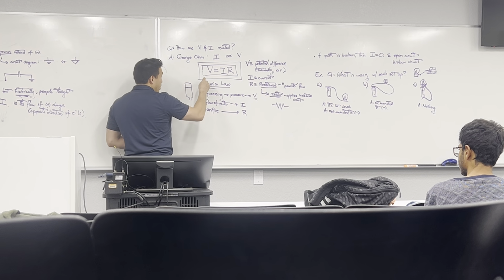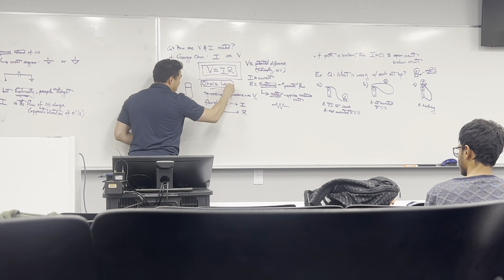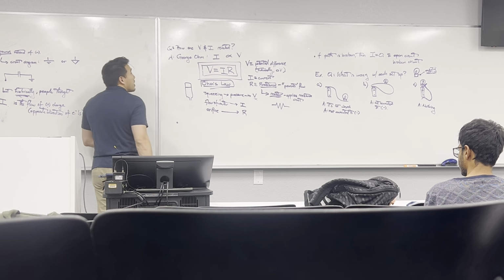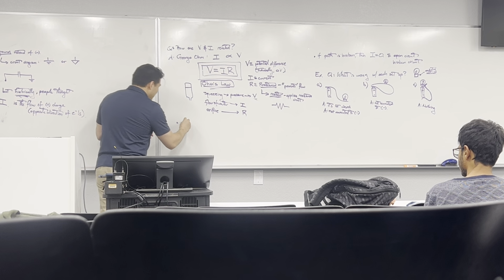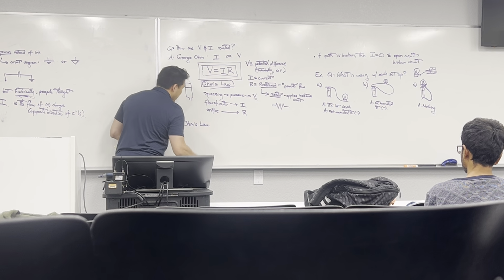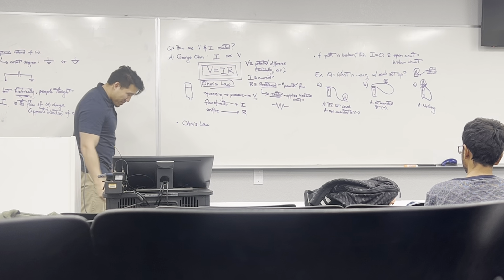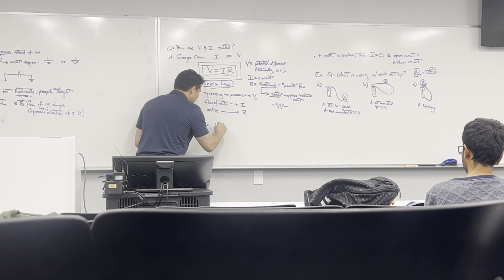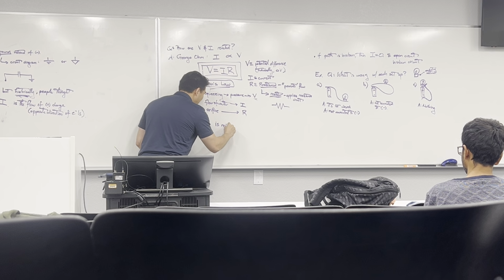Okay, so this is called Ohm's law. That's very important. Now, one thing about Ohm's law is that despite its name, it is not a law. Ohm's law is not a law.